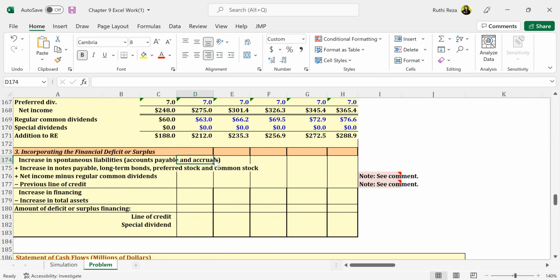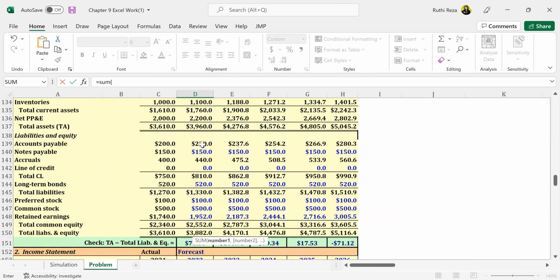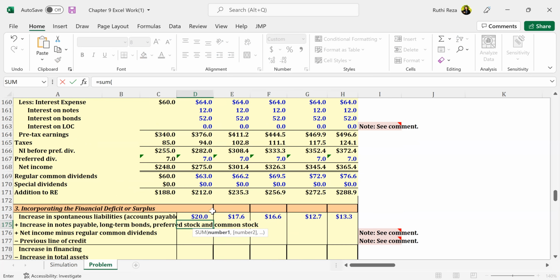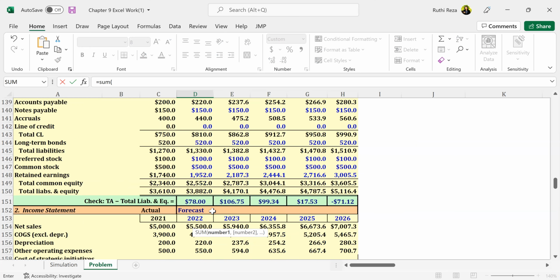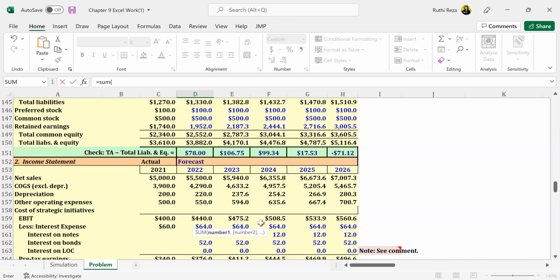First of all, increase in spontaneous liabilities. So our spontaneous liabilities here include accounts payable and then notes payable. Then increase in notes payable, long-term bond, and preferred stock. So here we made a mistake. Let me correct it here.